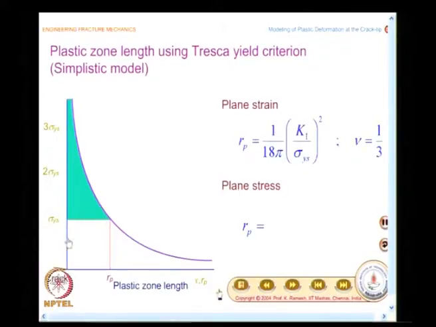Though the approach is very simple, it brings out a very important pictorial representation, that the plastic zone length in the case of plane stress is much larger than what you have in plane strain. So, this is the advantage you get from a simplistic model.